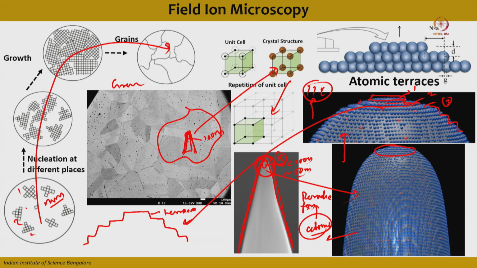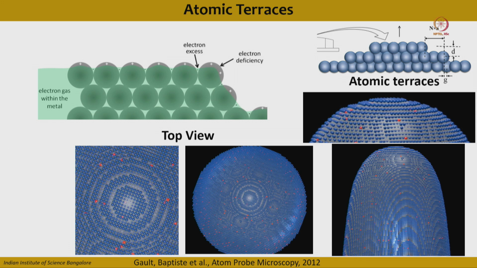This is the zoomed out region of that particular tip. If you see at the atomic level, at higher magnification, you can see what I showed here at the terrace. These are called terraces, correct? What is the importance of these terraces? I'll come to that in the next few minutes.